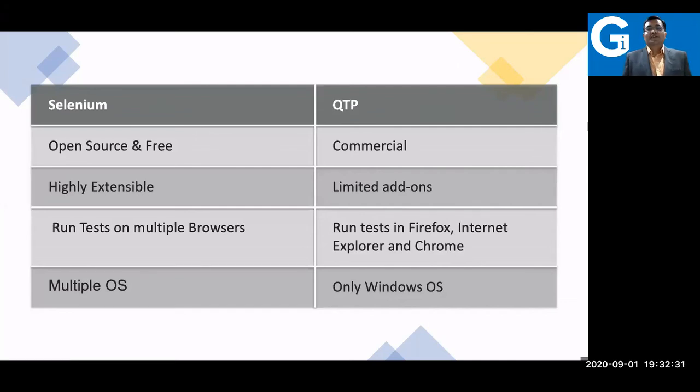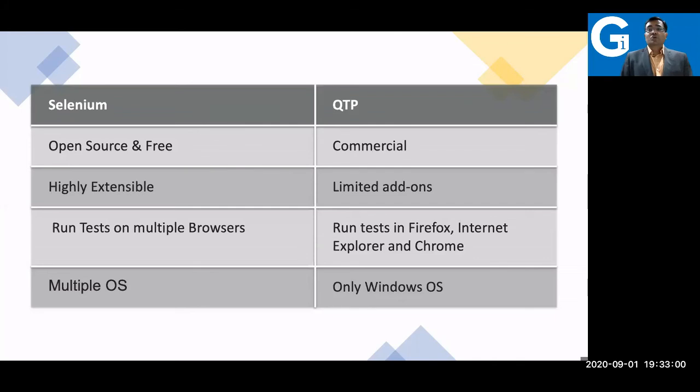The first and very important thing is that Selenium is open source and freely available. When you say Selenium is open source and freely available, the choice is yours whether to go for the paid version or the free version. But QTP is commercial.